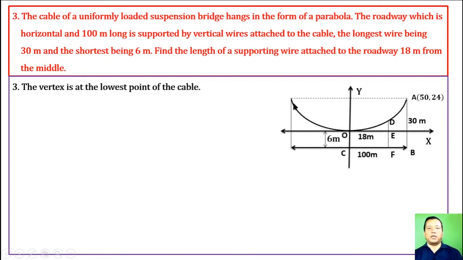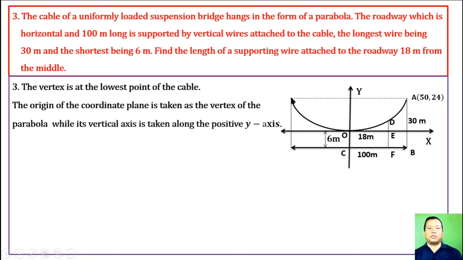As in this picture, this is the cable. The origin of the coordinate plane is taken as the vertex of the parabola, whose vertex is at the origin of the coordinate system, while its vertical axis is taken along the positive y-axis. This parabolic cable has its axis vertical along the positive direction of the y-axis.